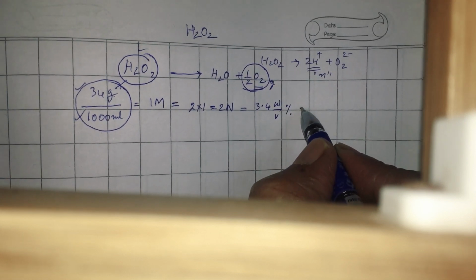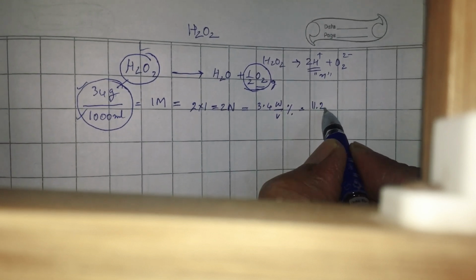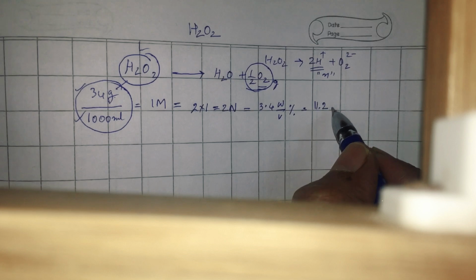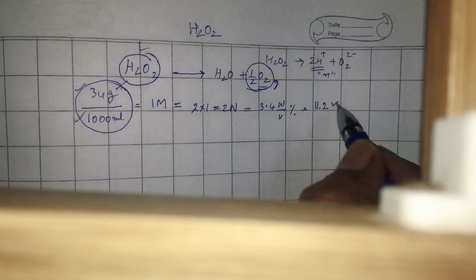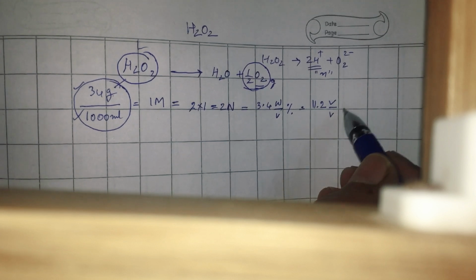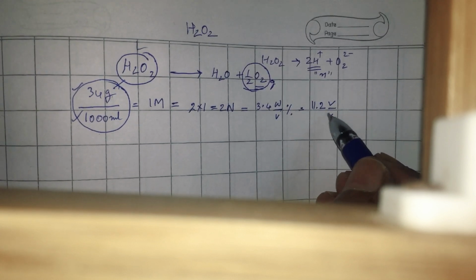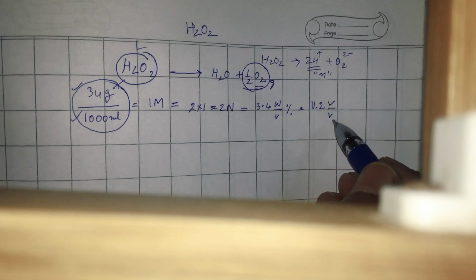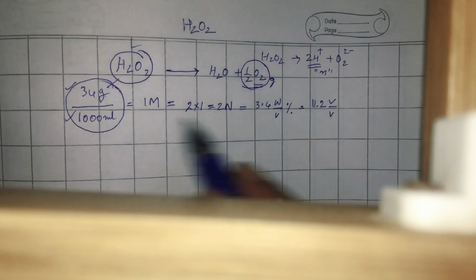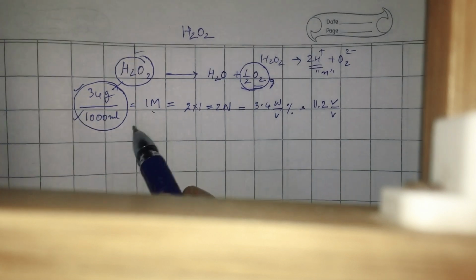Therefore, half mole of oxygen occupies 11.2 liters volume at STP. This is called 11.2 V by V strength, volume strength of H2O2. It means it gives 11.2 liters of oxygen for every 1 liter of solution that has 34 grams or 1 mole.